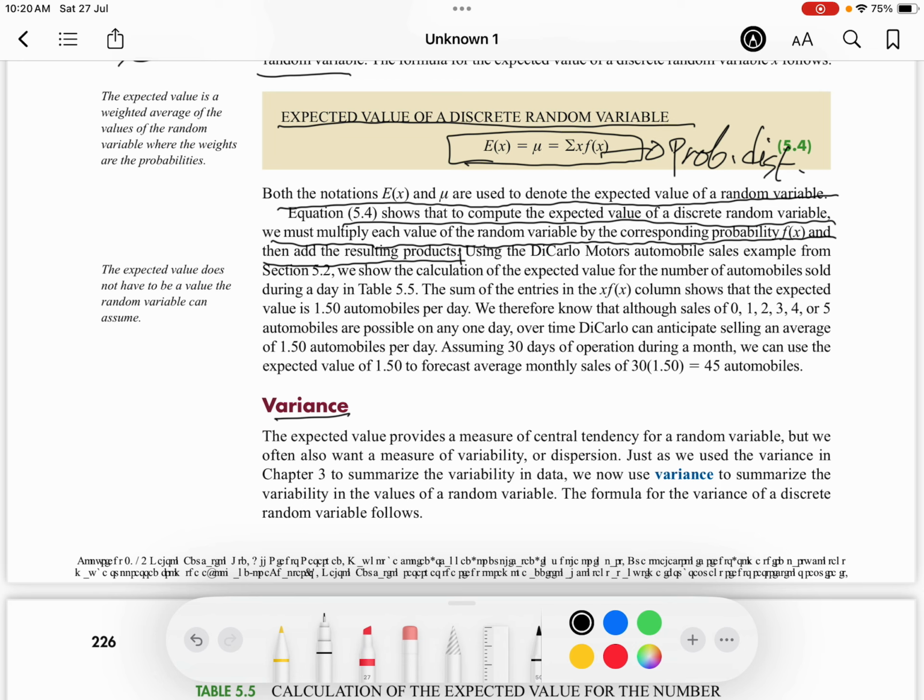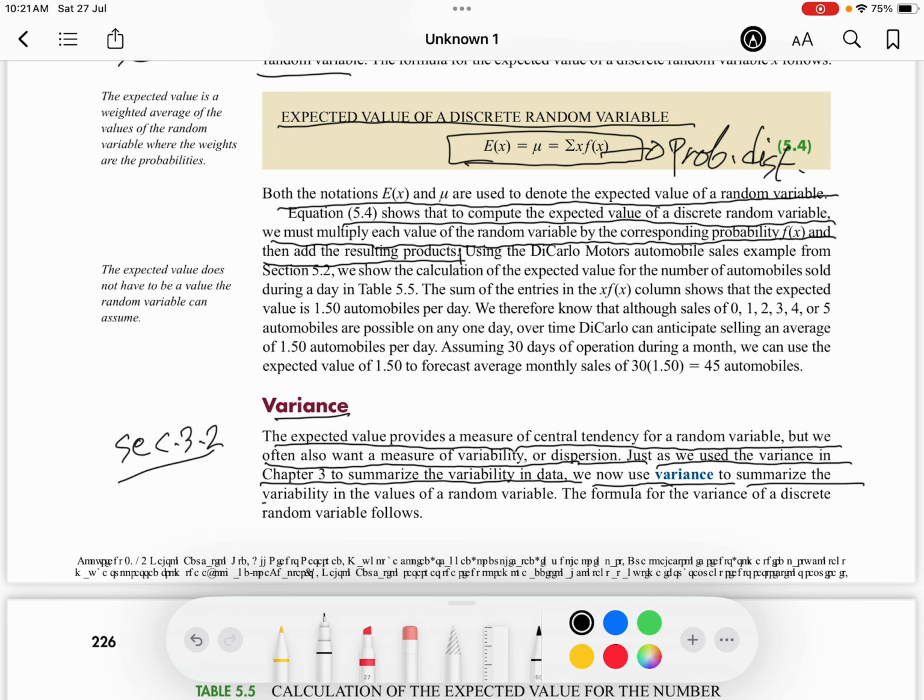Variance, التباين. The expected value provides a measure of central tendency for a random variable, but we often also want a measure of variability or dispersion. Section 3.2. Just as we used the variance in chapter 3 to summarize the variability in data, we now use variance to summarize the variability in the values of random variables.